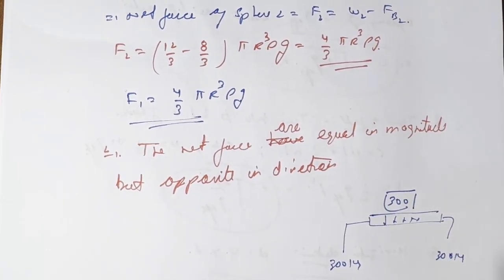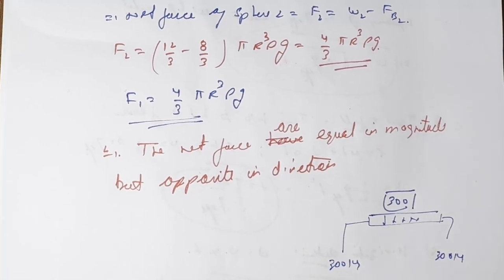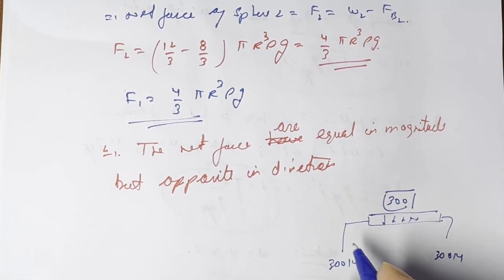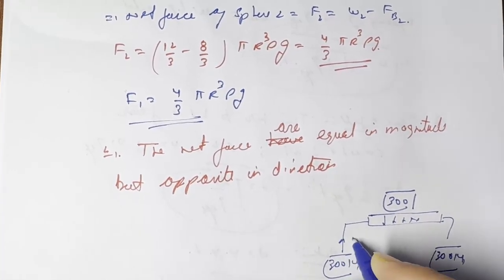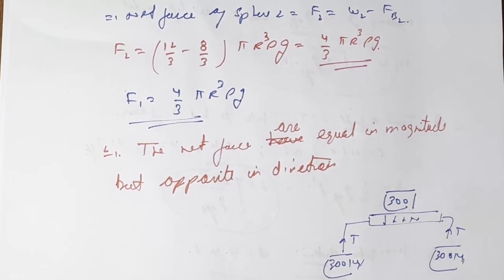Now the basic concept here is that the spring balance is going to read the amount of tension in the strings which are connected with these weights. So if I say T is the tension in the string, under equilibrium T will be equal to 300.